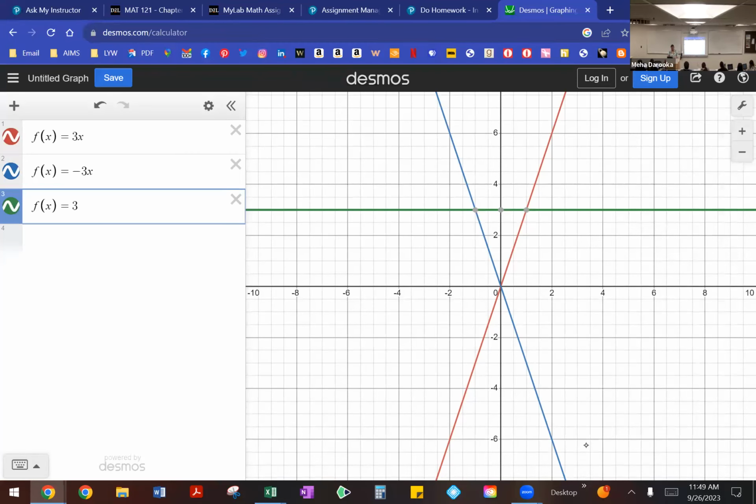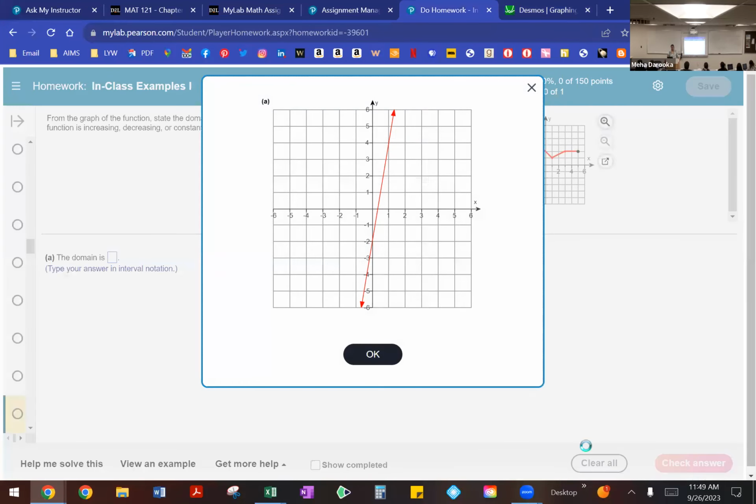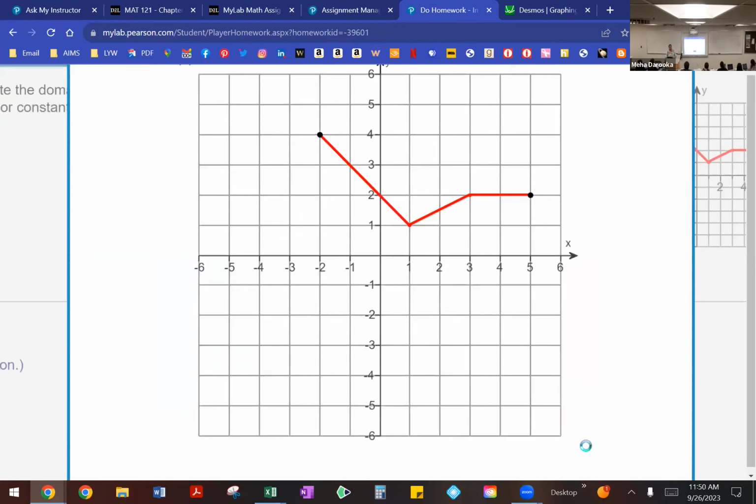So let's take a look at just in terms, what would you say about this function? Is it increasing, decreasing, or staying constant? Increasing. What about this guy? From negative 2 to 1. 1 to 3 to 5.